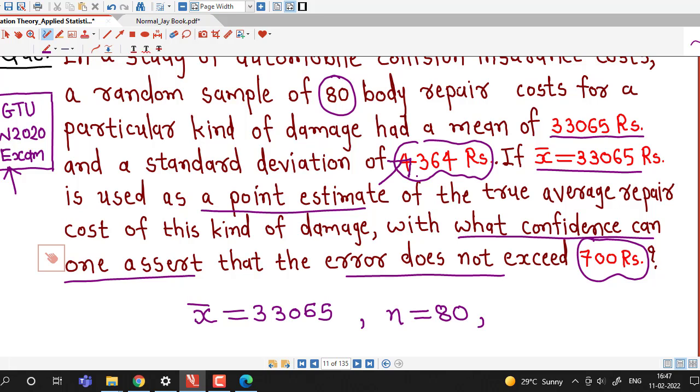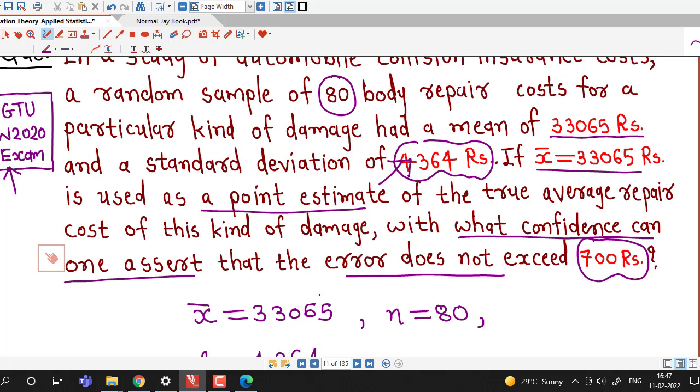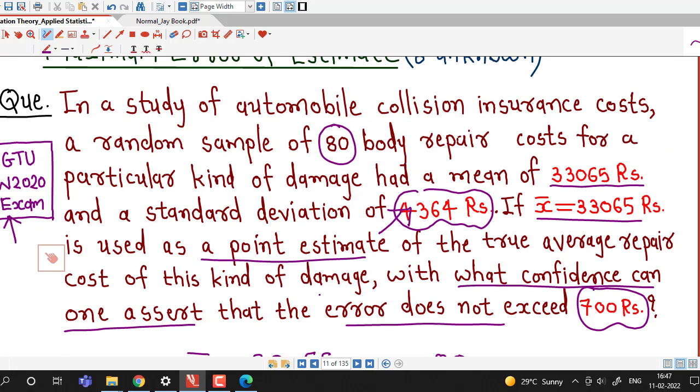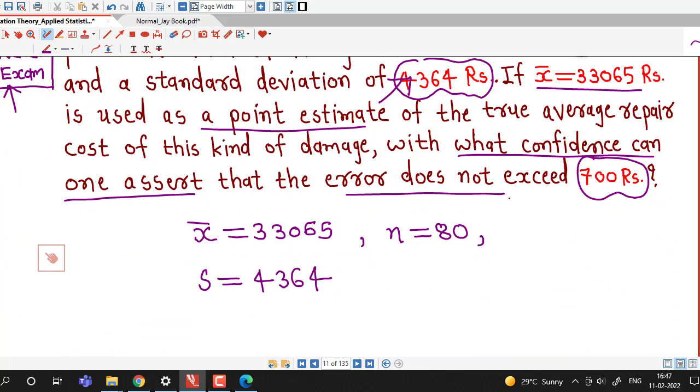Okay, this is the standard deviation of a sample, so that we denote by S equal to 4364, and the size of sample is 80, which is large enough, and we are asked to find out the confidence level. Here we are asked that with what confidence one can assert that the error does not exceed 700 rupees.